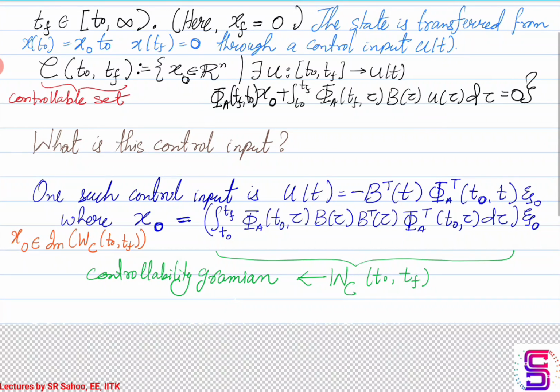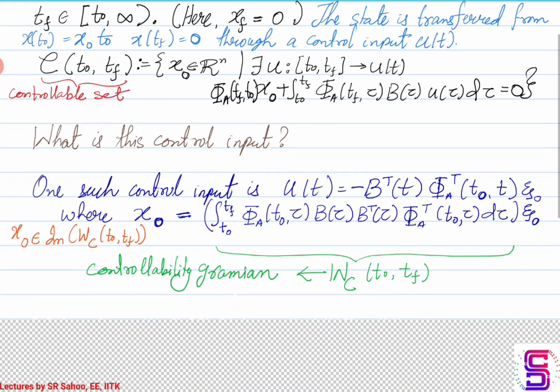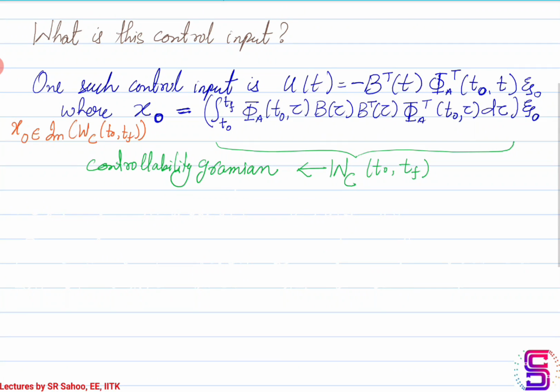Now again, x0 is nothing but the matrix Wc multiplied by xi0. So x0 lies in the image space of this matrix Wc.